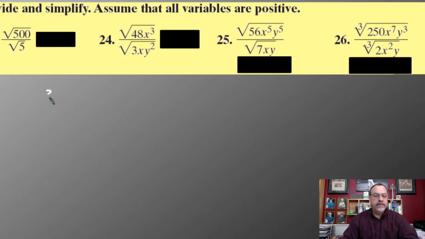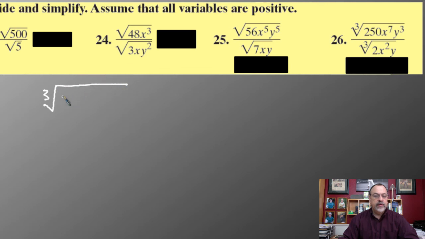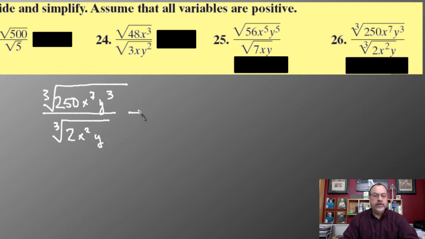Okay. In number 26, I have the cube root of 250x to the 7th y cubed over the cube root of 2x squared y. Because the indexes are the same, I can reduce. So 2 goes into 250 125 times.